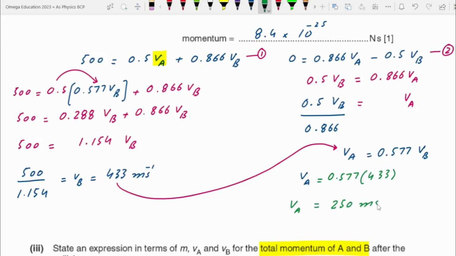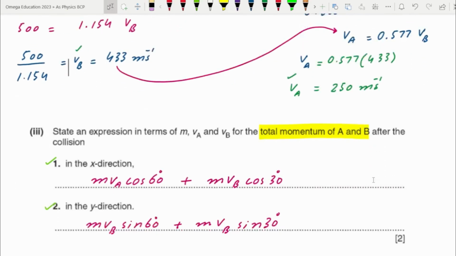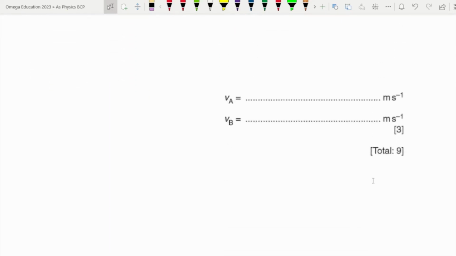So this is the value of the second velocity, first velocity, and VA is 250 and VB is 433. So I'm going to leave both the answers in 2SF. So VA in 2SF would once again be 250.